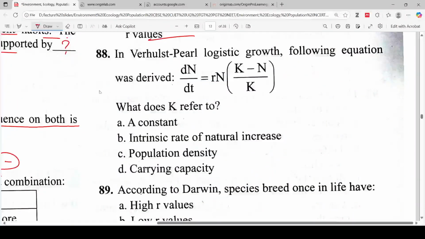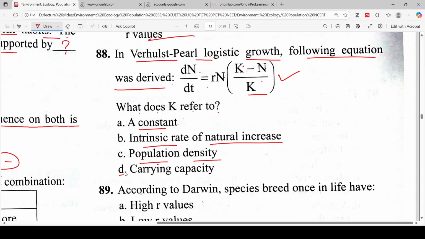Next question. In Verhulst Pearl logistic growth, the following equation was derived: dN by dt equals rN times (K minus N) by K. So what does K refer to? A constant, intrinsic rate of natural increase, population density, carrying capacity. So the carrying capacity is the correct answer.